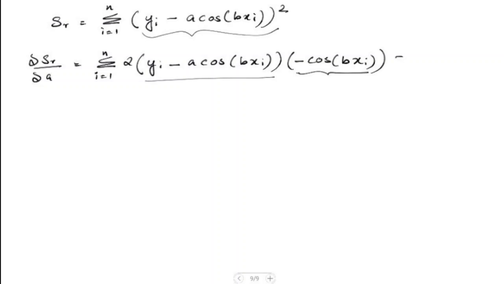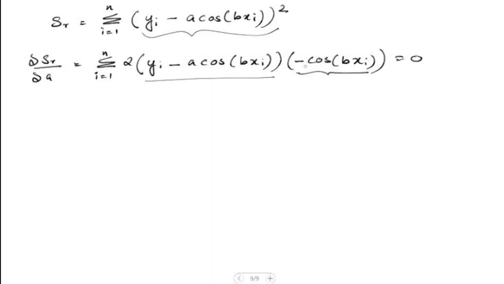This is equated to 0, and if you simplify, the 2 is a constant, so it can go to the other side and divide 0, which remains 0.